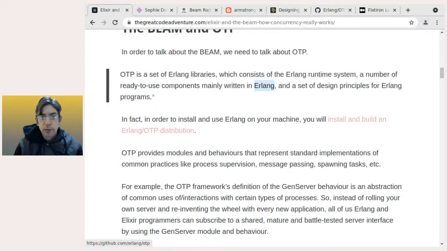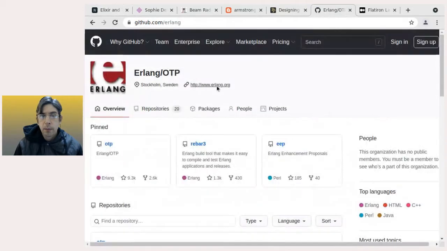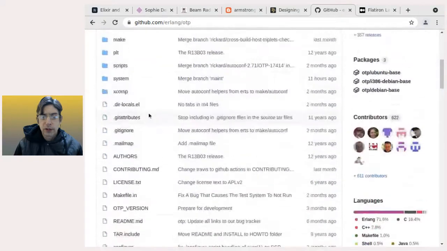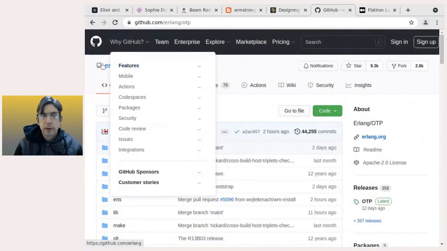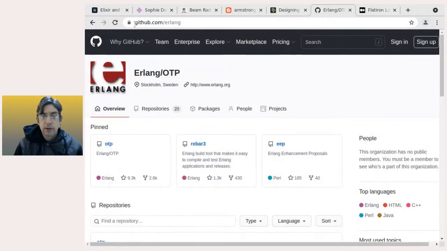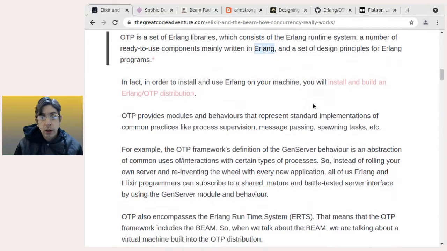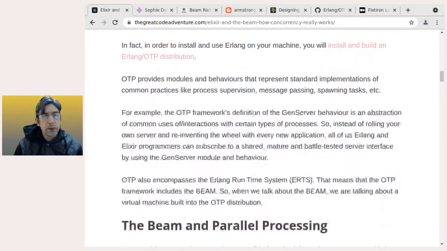This is from the OTP project on GitHub there in the Erlang organization.